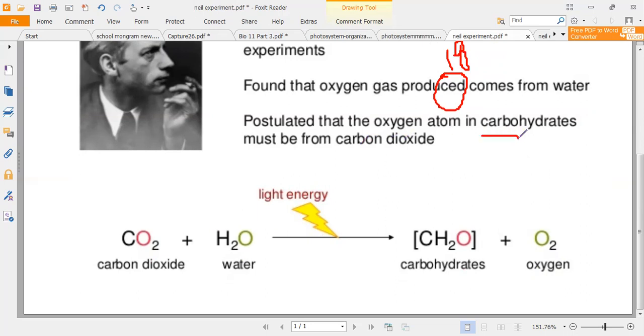The same experiment is done by giving carbon dioxide which is labeled, in which the oxygen was labeled 18, but the water was not labeled. They attained the result that carbon dioxide is reduced to carbohydrates and water is oxidized into oxygen.